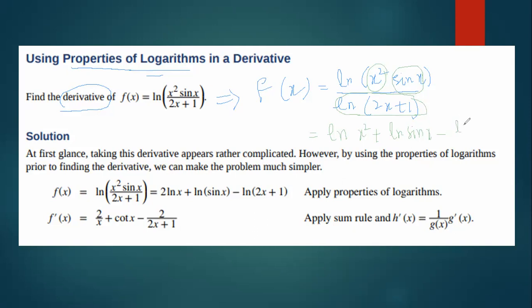So negative of log 2x plus 1. Now again I apply the property that if there is a square, it will be written before the log. So it will be 2 log x plus log of sine x, minus log of 2x plus 1.